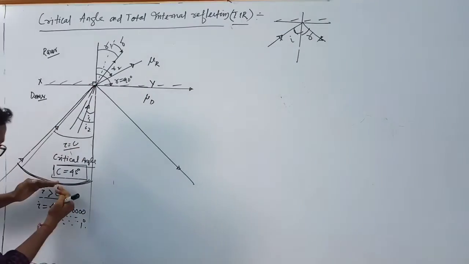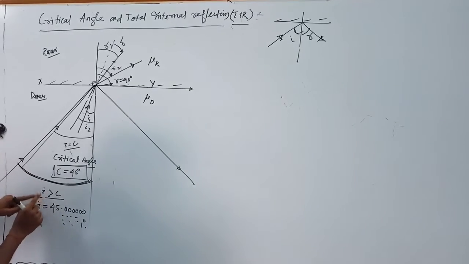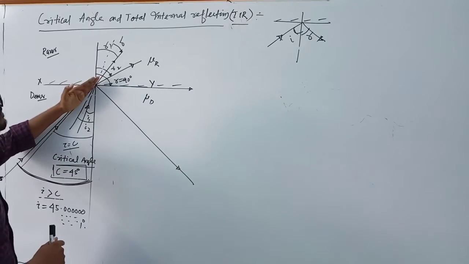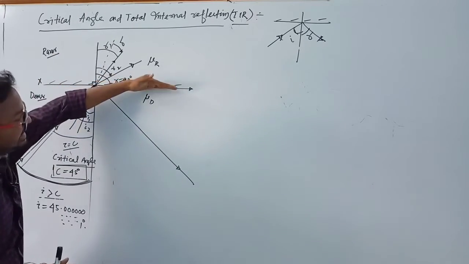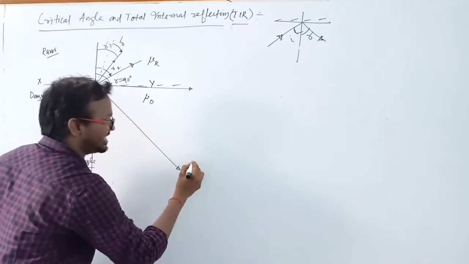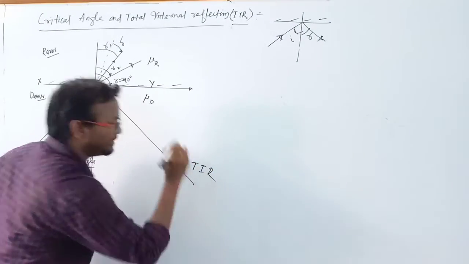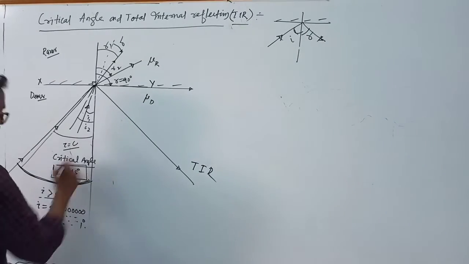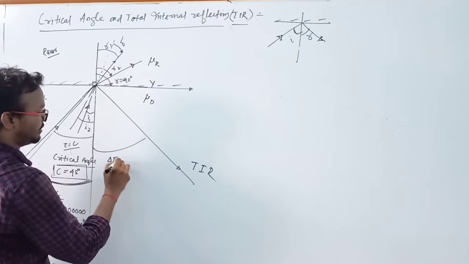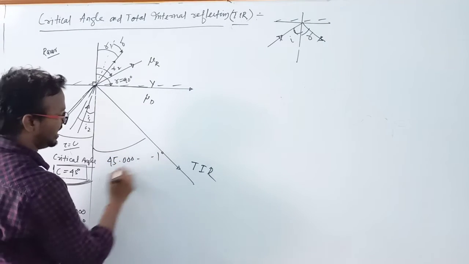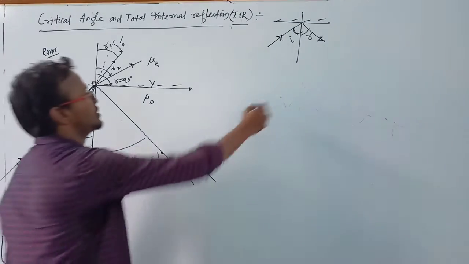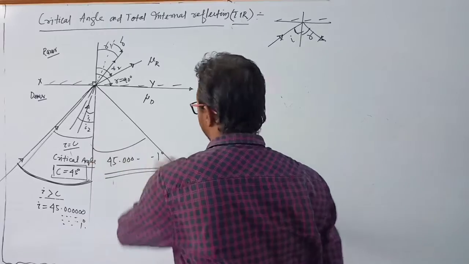That means if the incident angle is just greater than the critical angle, then the ray is reflected back into the same medium, and that reflection is known as total internal reflection. So if this angle is 45.00001 degrees and this angle is also 45.0000001 degrees, clear? This is the concept of total internal reflection.